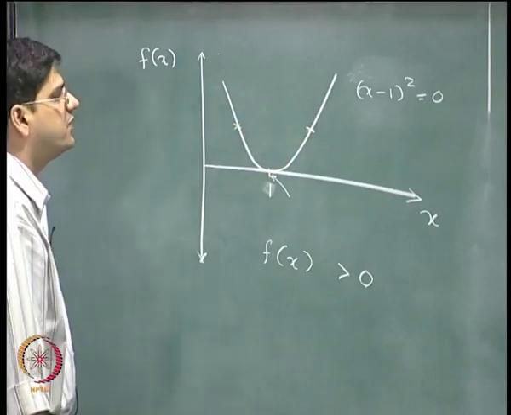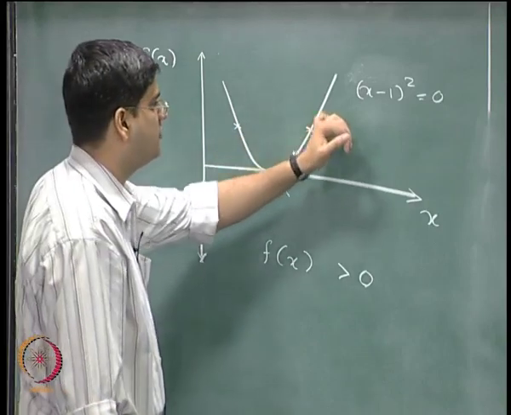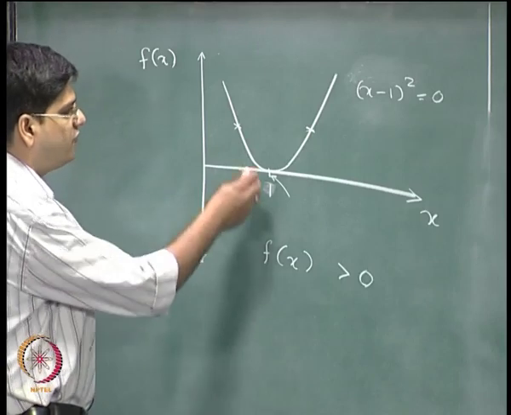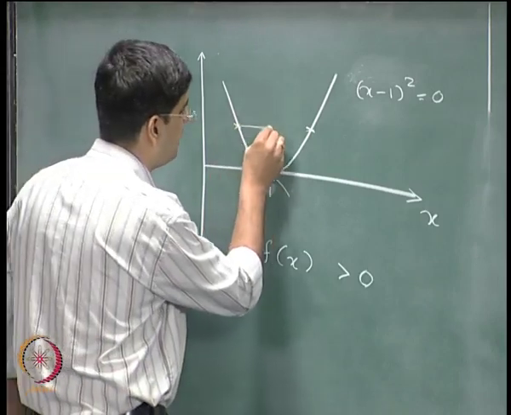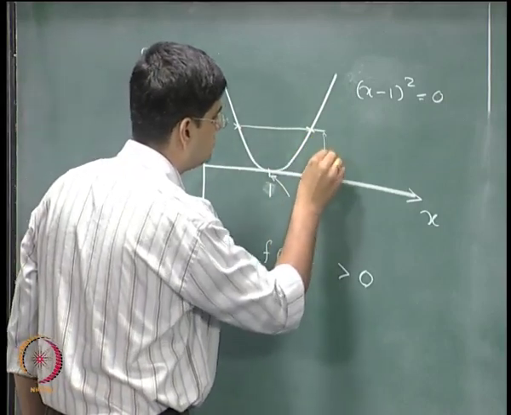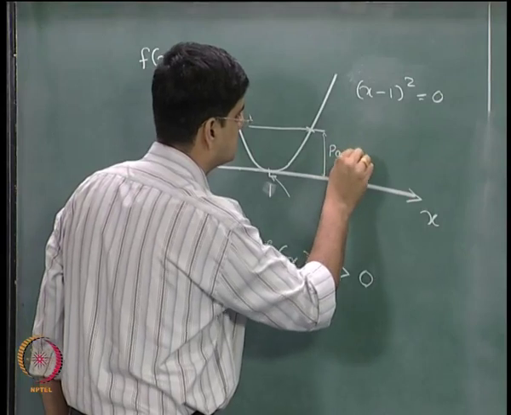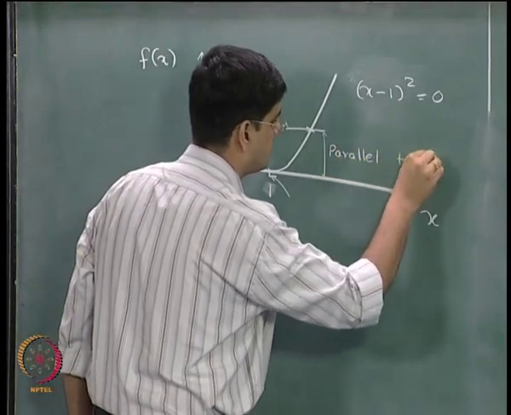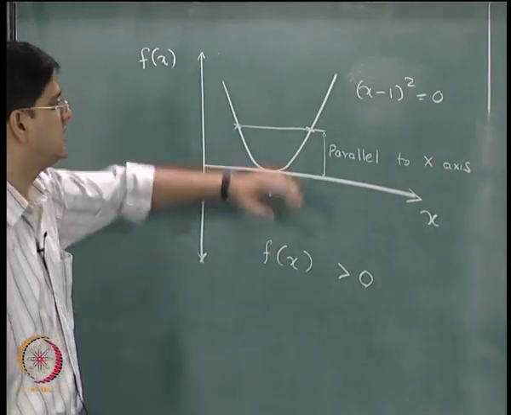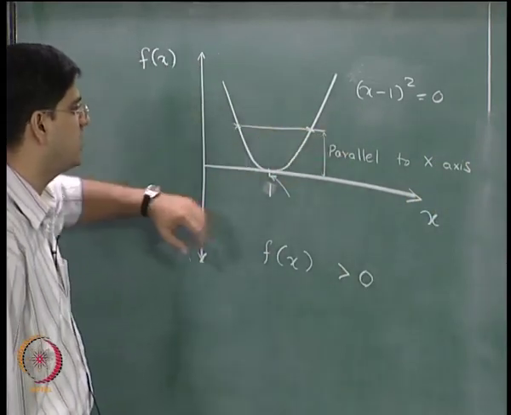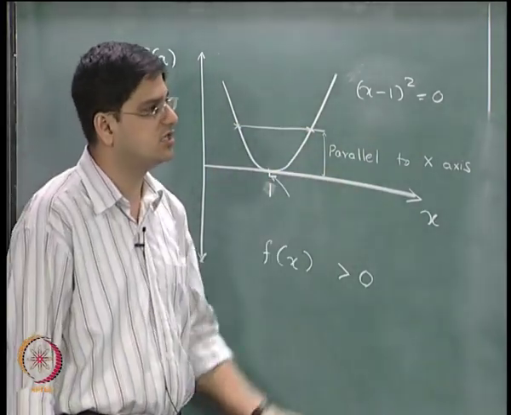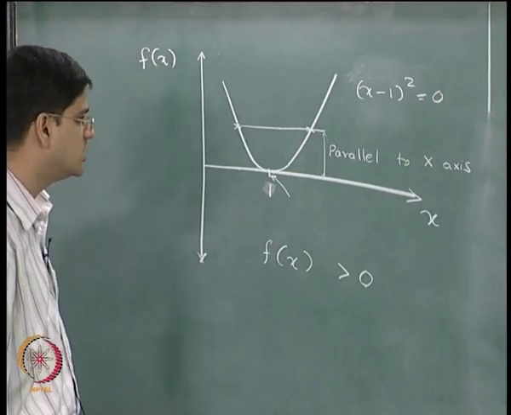There is one problem, however, for this kind of curve with the secant method: if the line joining f of xl and f of xr happens to be parallel to the x axis, then there is no point at which this line is going to intersect the x axis, and our secant method is not going to work.